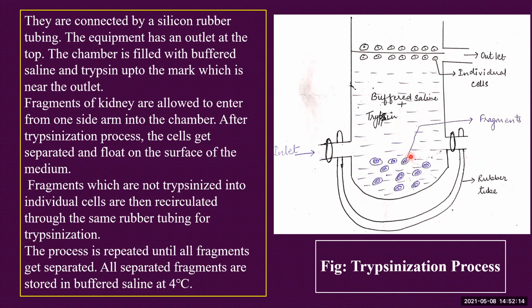Fragments which are not trypsinized into individual cells are recirculated through the same rubber tubing for trypsinization. The process is repeated till all fragments or tissues of kidney get separated into individual cells. All separated individual cells are stored in buffered saline at 4 degrees and can be used as and when required. Okay, so this is all about Salk polio vaccine.